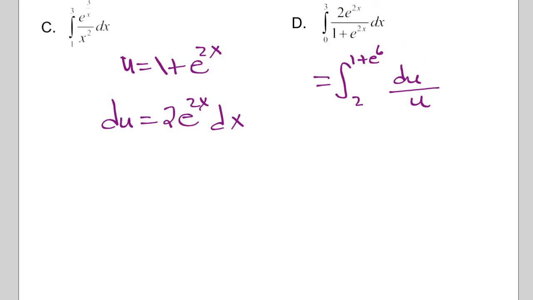All right, because we have du up top, and then we've got our u on the bottom. So we know this integrates as natural log.